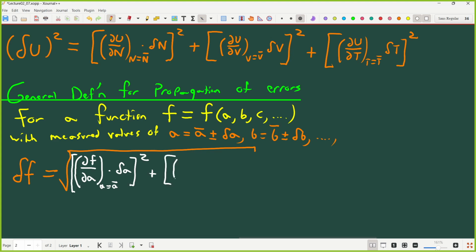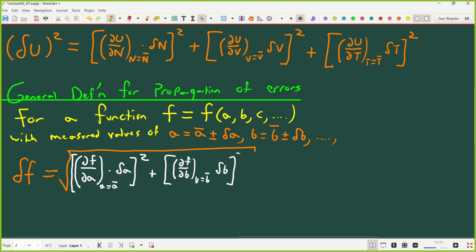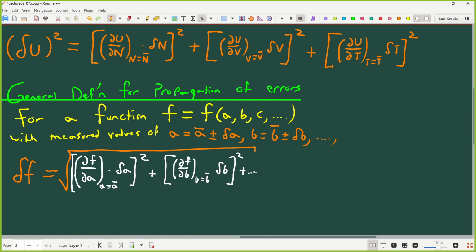We do the same thing for b: we evaluate the derivative at b bar, multiplied by the error that we measure in b, and so on and so forth, forever and ever.